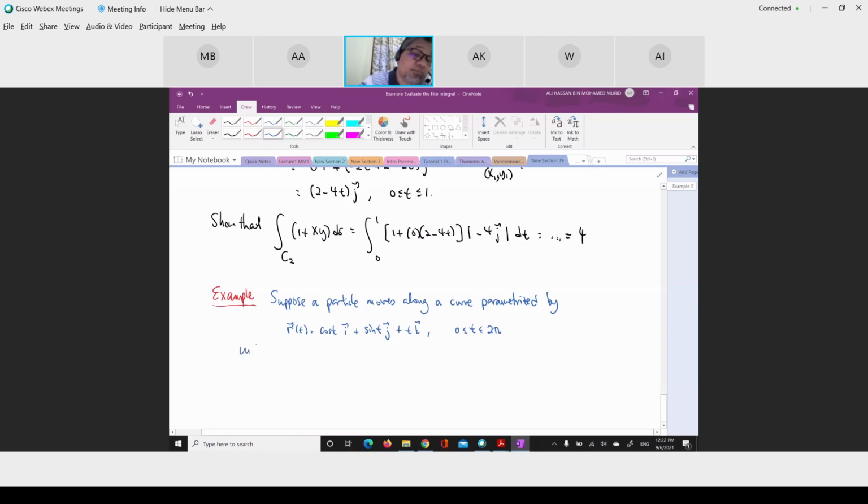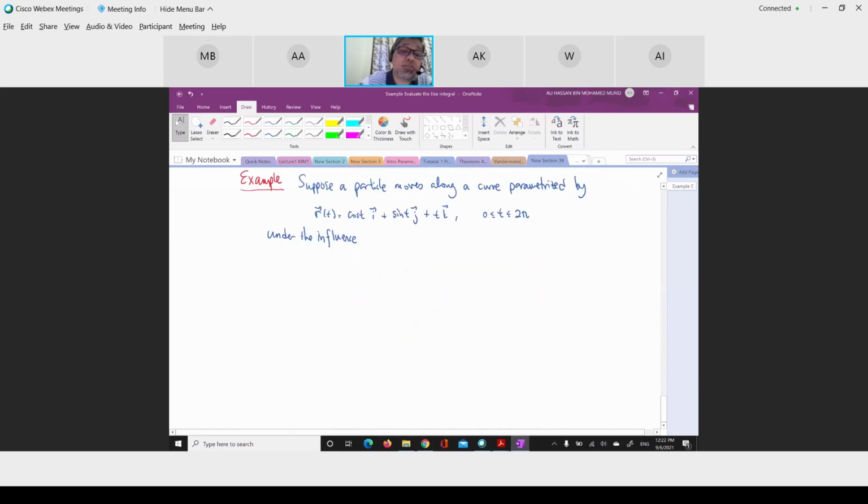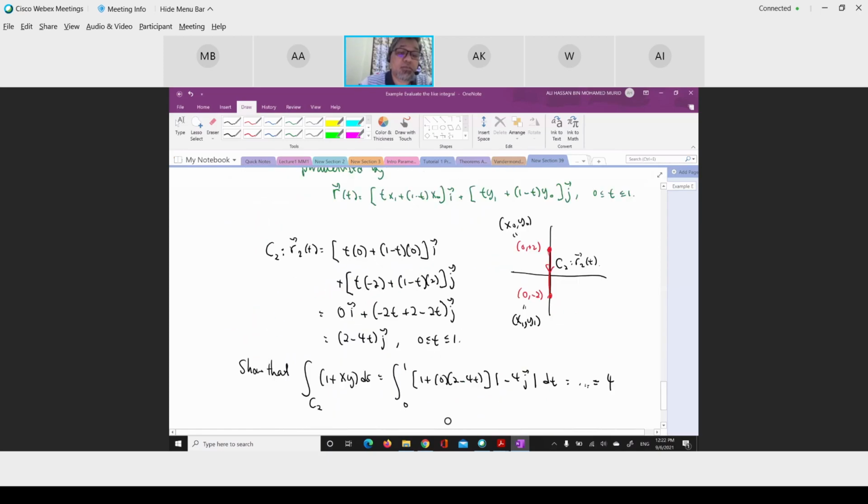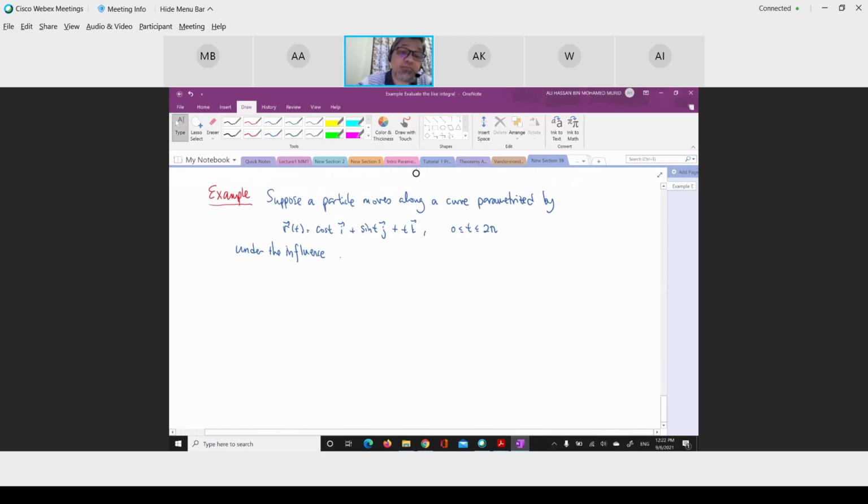Under the influence of a force field represented by the vector F(x, y, z) equal to minus zy i plus zx j plus xy k.